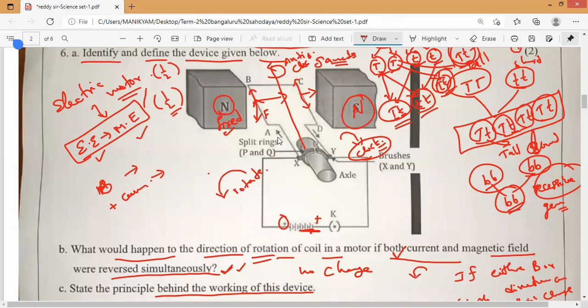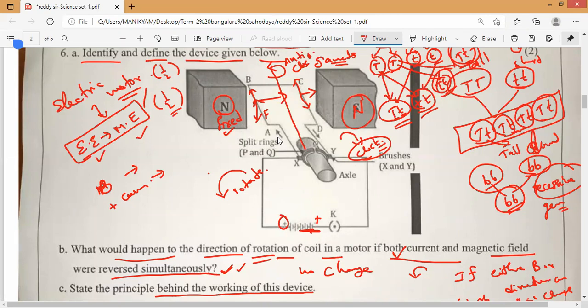A motor works on the principle of the magnetic effect of current. When a rectangular coil is placed in a magnetic field and current is passed through it, the force exerted on the coil makes it rotate continuously. So that is the principle of working of this device called an electric motor.